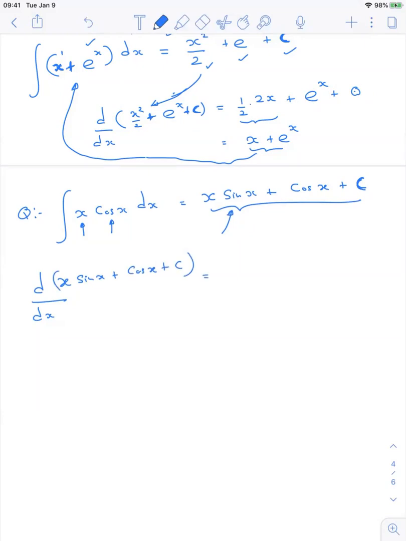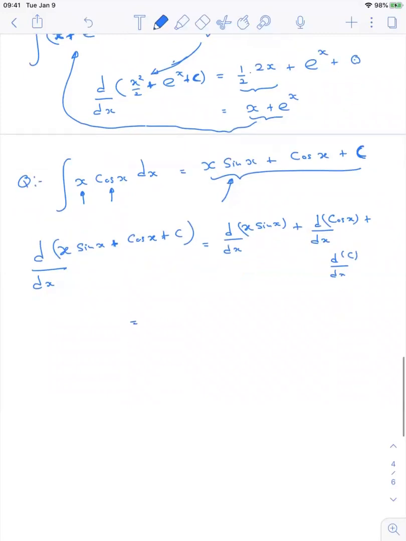Now from the additive signs, you can split the differentiation, right? So that we know. So you can differentiate and then add the results. So one function is x times sine x, and then the next one is d over dx of cosine of x, and plus d over dx of the constant.